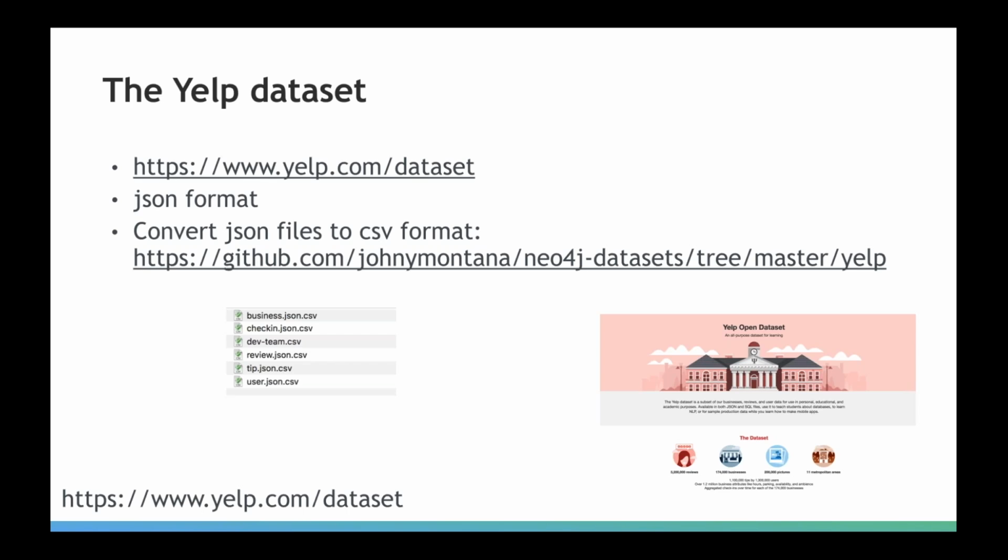And here I have, again, probably stolen from my colleague, Will. And you can see where he has made his scripts available. So I've converted the JSON files into CSV files.